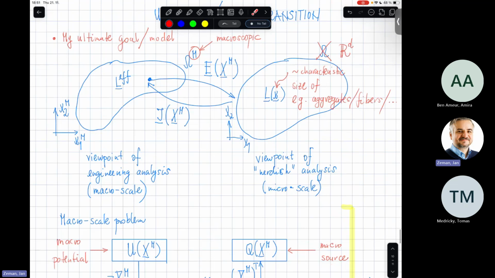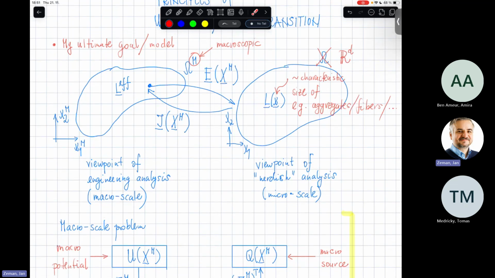actually characteristic of that micro problem, but it turns out that what is really not so important for this argument I would like to make is how that macro domain looks like, but rather the characteristic size of the variation, not variation of this primal quantity, but variation of this E or J, if you wish.